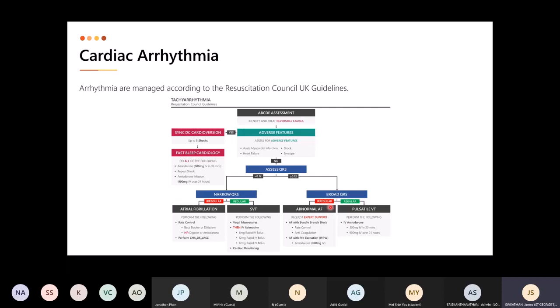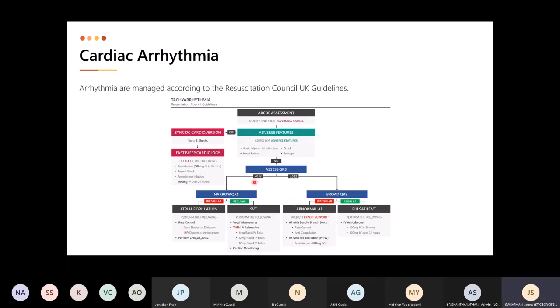If it's irregular, you should call cardiology, because that's probably atypical atrial fibrillation. So it's atrial fibrillation with bundle branch block or pre-excitation, and that's not something that you should be managing. So if you see a broad complex tachycardia that's irregular, call cardiology. I think you can also have Wolff-Parkinson-White with aberrancy or something like that. So it can be all sorts of weird and wonderful things.